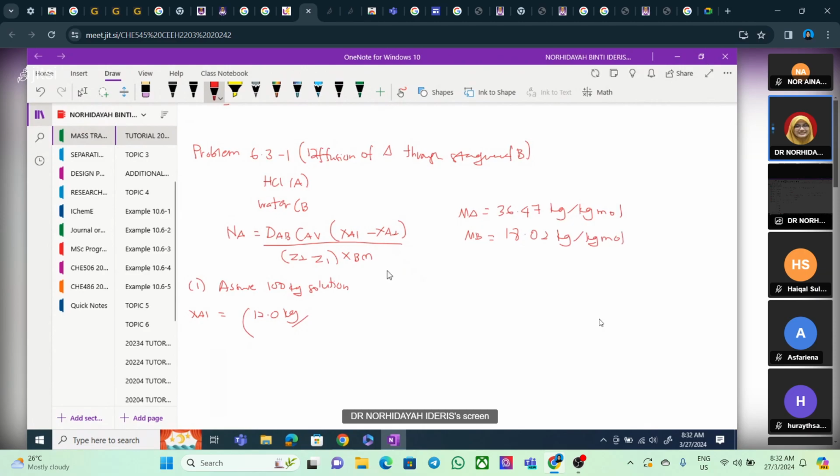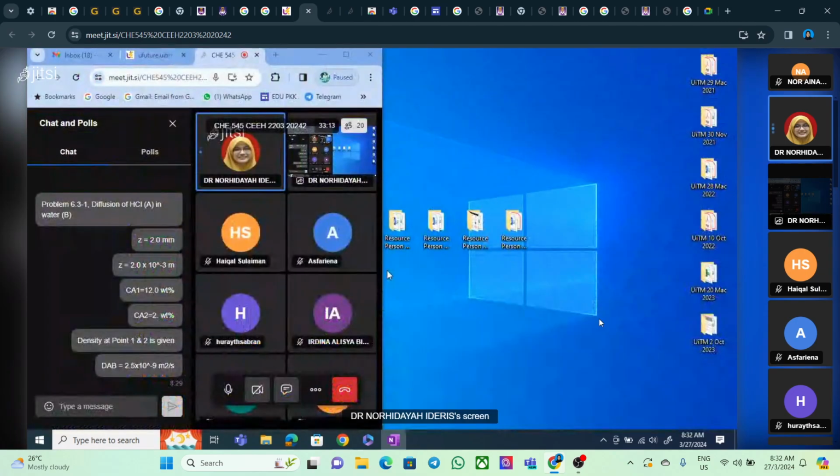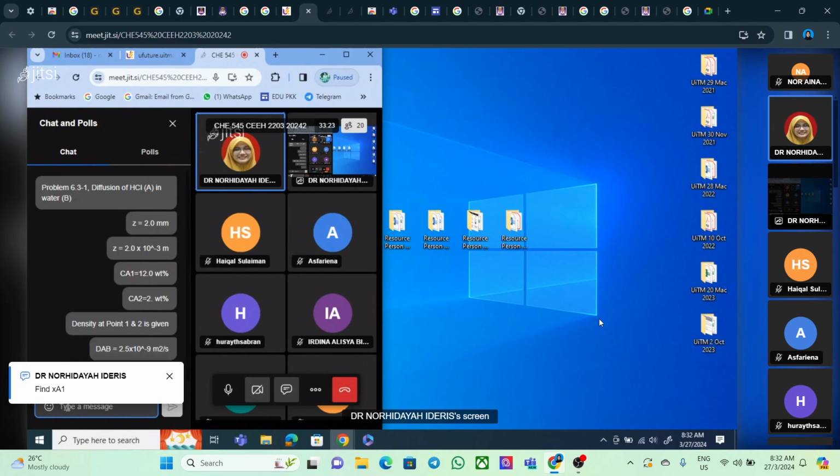Okay, 12 kilogram divided by 36.47. Find SE1. Now we start to find SE1.